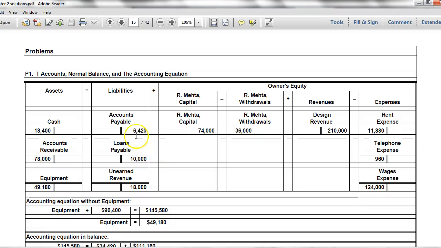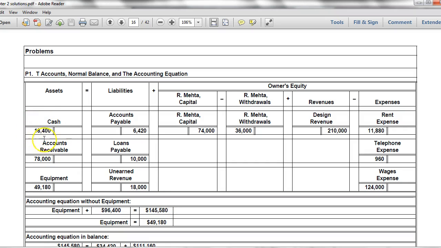plus our liabilities of $34,420 should equal $145,580, don't they? Now, assets equal liabilities plus owner's equity. So our assets need to equal also $145,580.